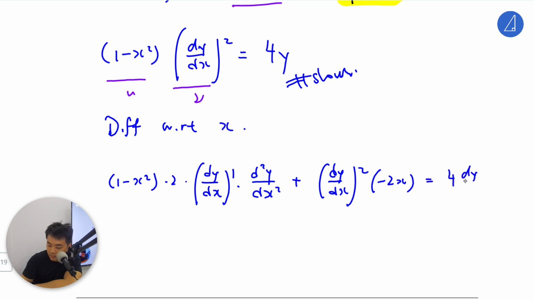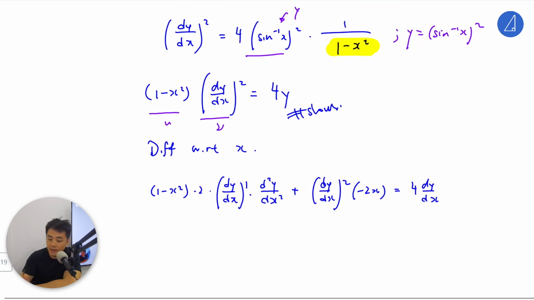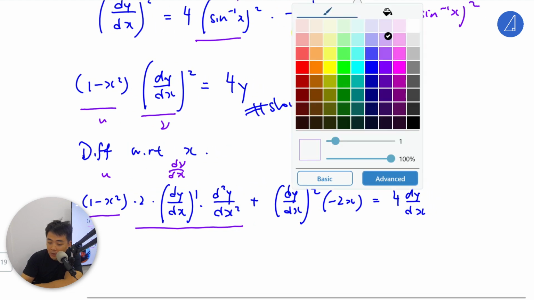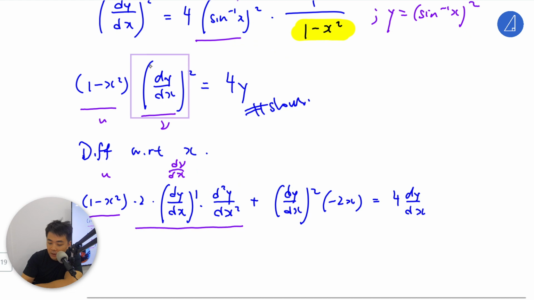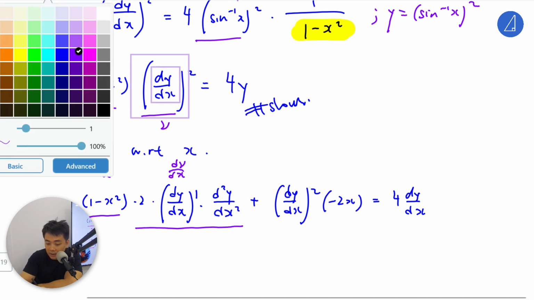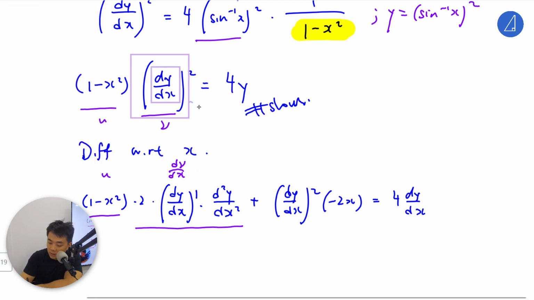Dy dx. Okay. So this case here, this is our u. dv dx. dv dx here, you have an outer layer, inner layer. So the outer layer will give you this one here. Inner layer will give you this one here.